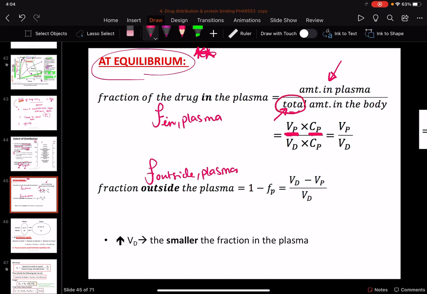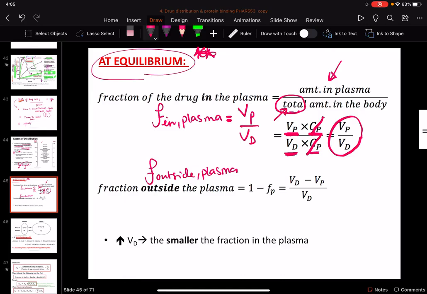Total amount, remember, is the apparent volume of distribution multiplied by the concentration in the plasma. We can take those out. It will be the volume of the plasma over the apparent volume of distribution, the total volume of distribution. And again, in other words, I'm taking it in terms of volumes.